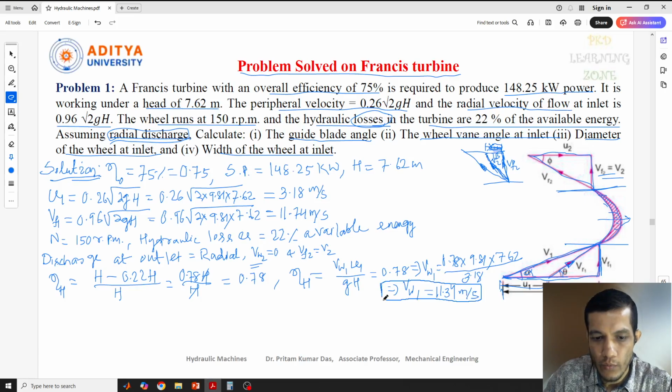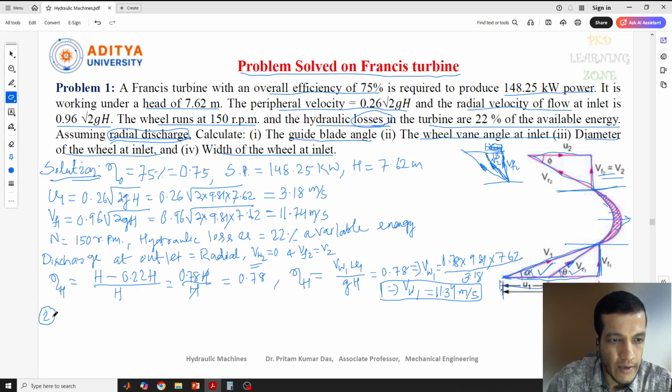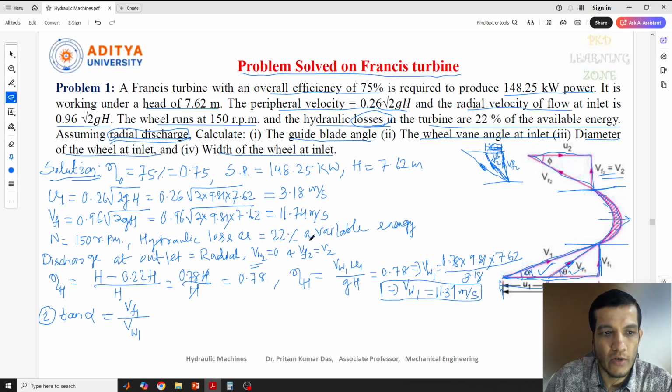Now we can find the value of the guide blade angle at inlet condition, that is alpha, and the vane angle theta. First, tan alpha at inlet condition equals VF1 by VW1. VW1 we have calculated, VF1 also calculated, and alpha needs to be identified.